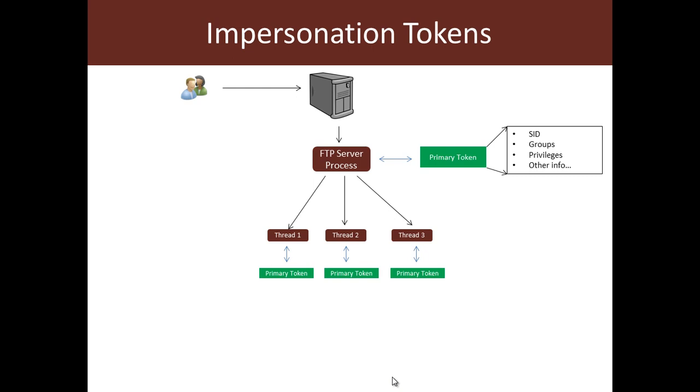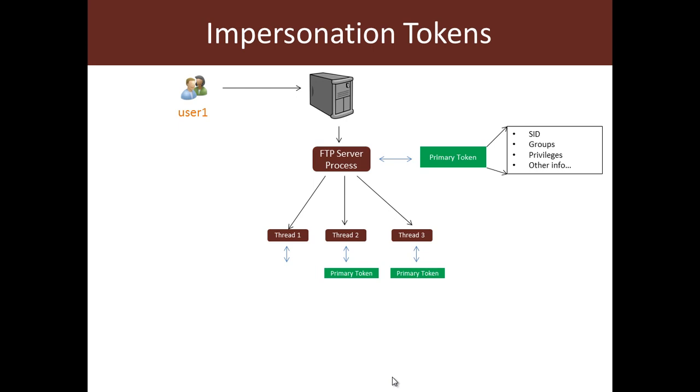Right? So now let's say when the first user logs in, what happens is the FTP server needs to go ahead and access various resources and file systems which user 1 has authorization to access. Now, it cannot do that using its own primary token simply because its token might not have all those access privileges. Hence, it needs to somehow assume the identity of user 1.